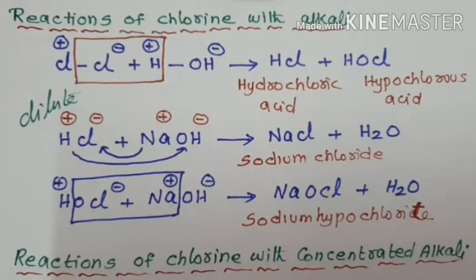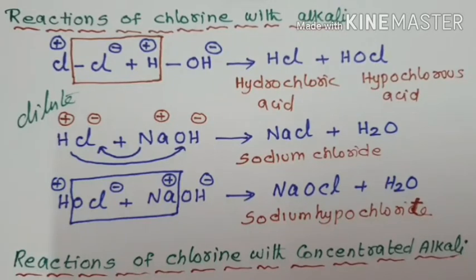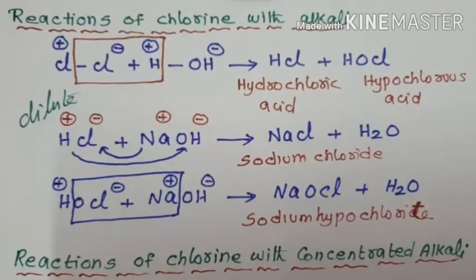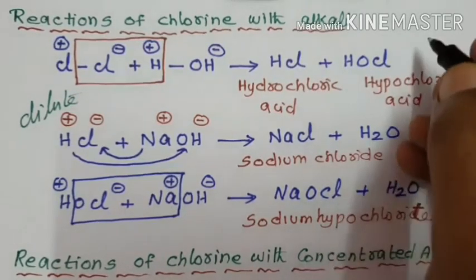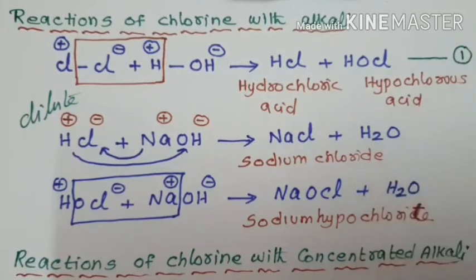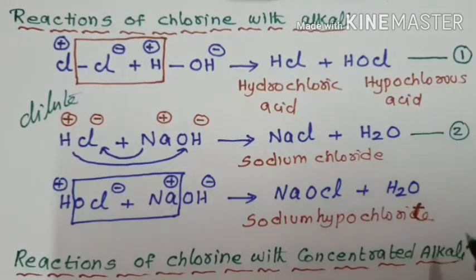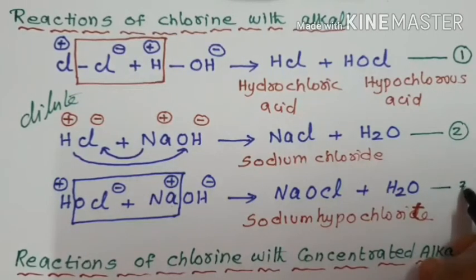Reactions of chlorine with the concentrated alkali. From the previous three reactions, now we are going to write the reactions with the concentrated alkali. Put it as equation number 1, equation number 2, and equation number 3.